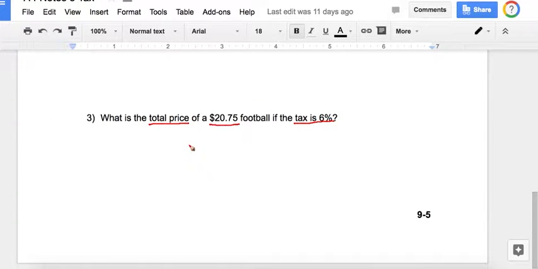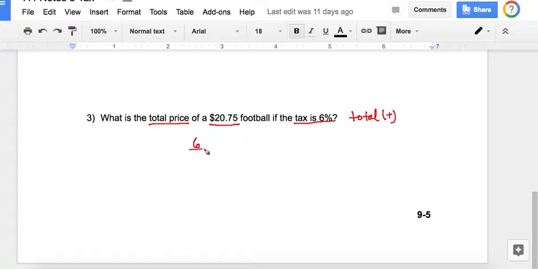Now, what is this question asking me for, tax or total? And this one's easy, because it says the word total in it, so it's asking for the total. So we have to remember to add once we find what? The tax. So the first thing I'm going to do, since I'm finding the total, is find the tax.